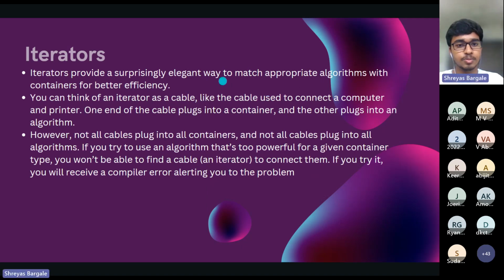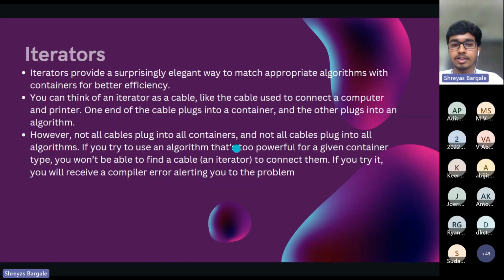So iterators provide an elegant way to match appropriate algorithms with containers, and this helps increase the efficiency of the code. You can think of an iterator as a cable, like the cable used to connect a computer and a printer.